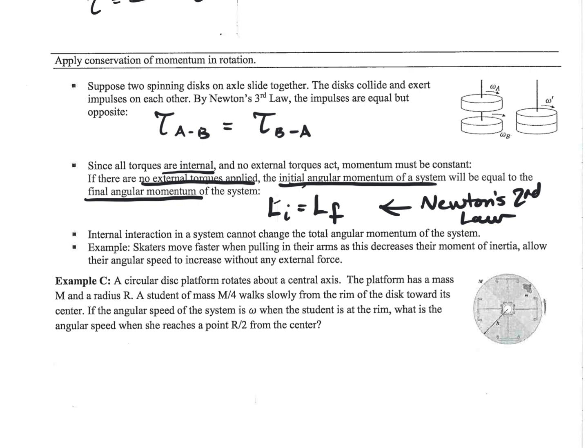So internal interactions in the system, this is the important part right here. Internal interactions of the system cannot change the total angular momentum of the system. It has to be an external torque acting over time. Something external has to interfere. Just like if something is rolling along, unless you apply an external force to it, it's not going to change what it's doing, the direction or how it's going.